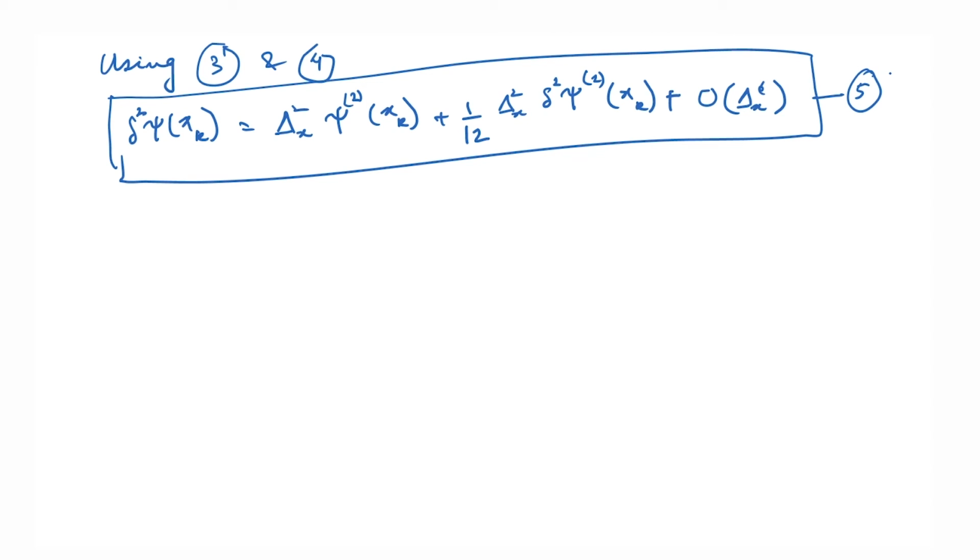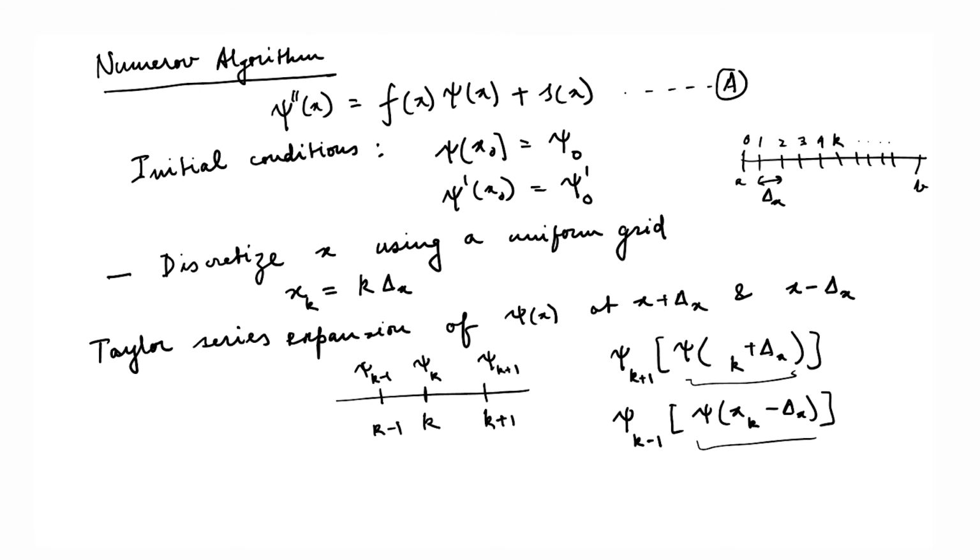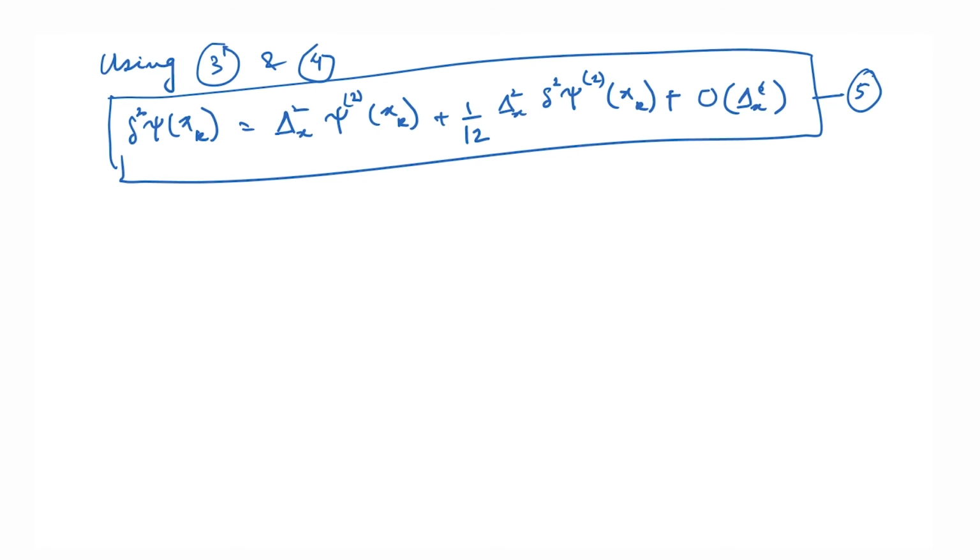Now, just to recollect, we started off with this differential equation, right. This is the differential equation which I am solving at present. Okay. This differential equation gives me the second derivative of psi x, so we will use that fact here. Coming back to here, as per the differential equation, my second derivative of psi is given by f x psi x plus s x.